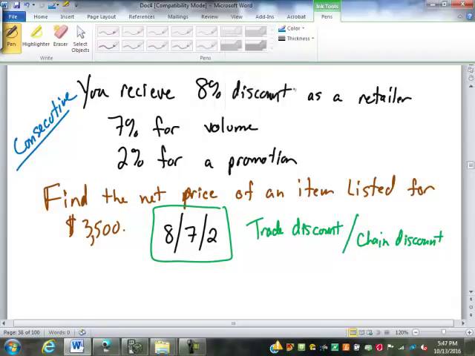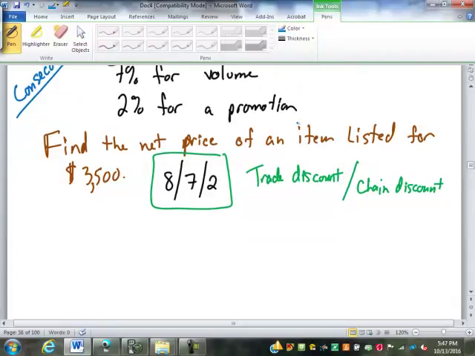To find the net price, we would take our $3,500 list price, and we could apply those discount rates consecutively. 8%, what would that be represented as? 0.92, perfect, because 8% is 0.08. 1 minus 0.08 is 0.92, just like we did up above.